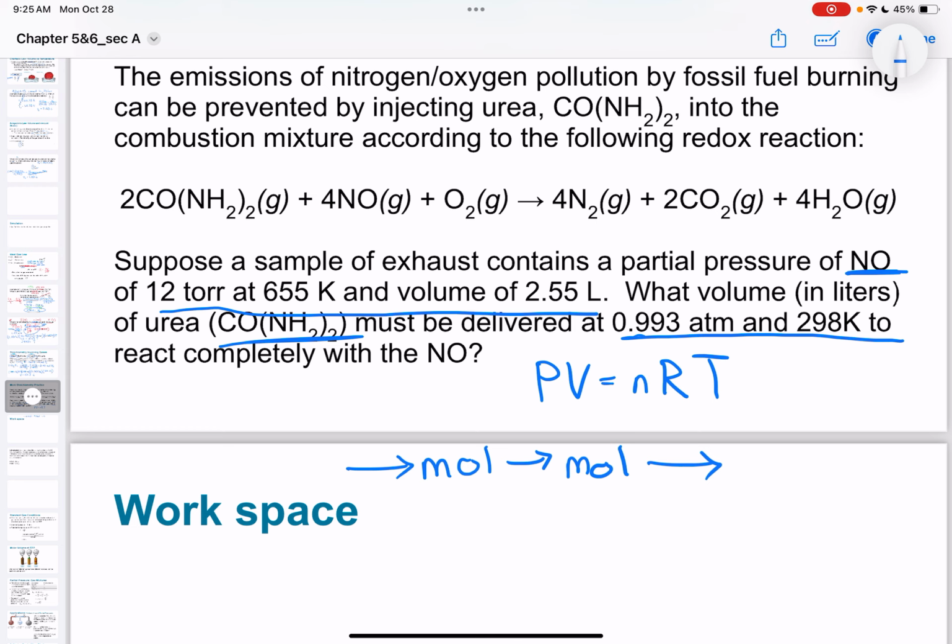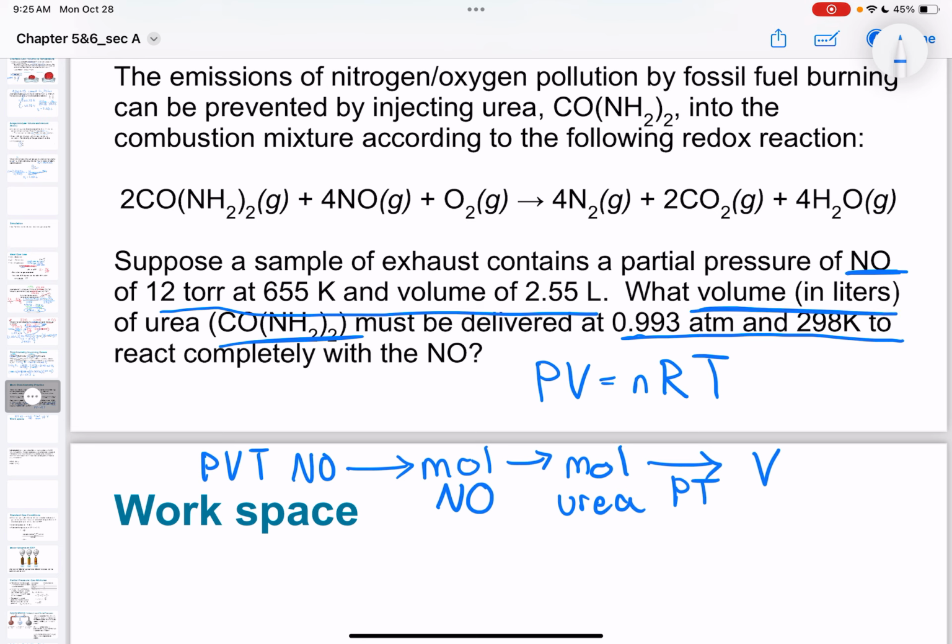So I'm going to be using P, V, and T of NO to get me to moles of NO. Then I'm going to convert to moles of urea. And then at that point, I have n, and so I can use P and T to get me to volume, which is what they're looking for.